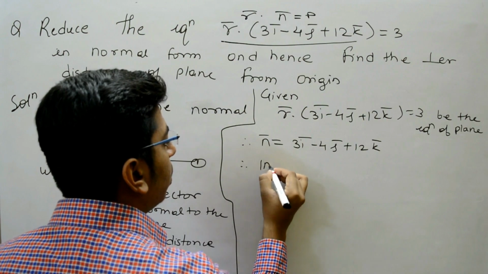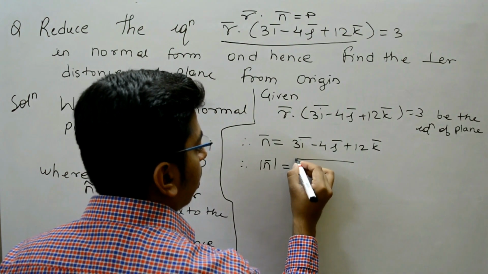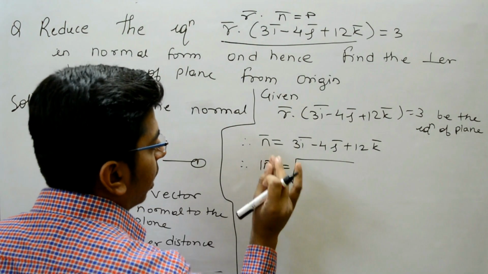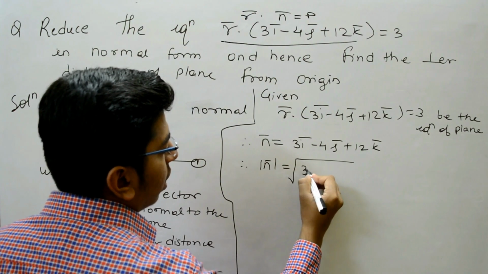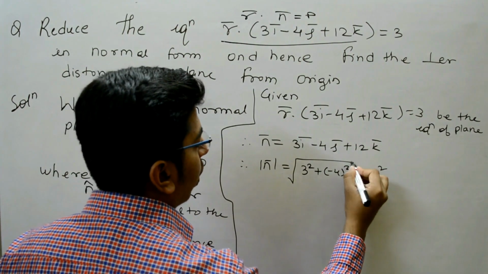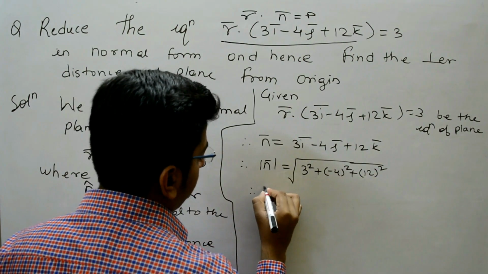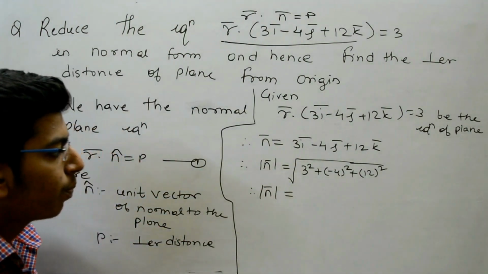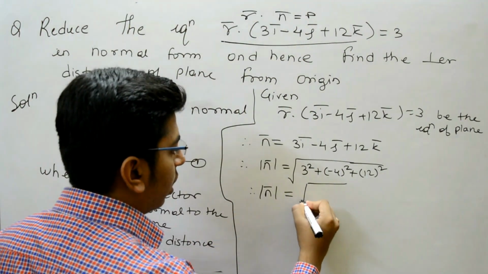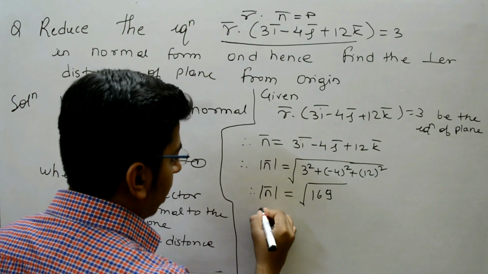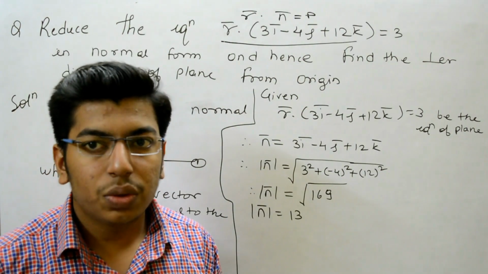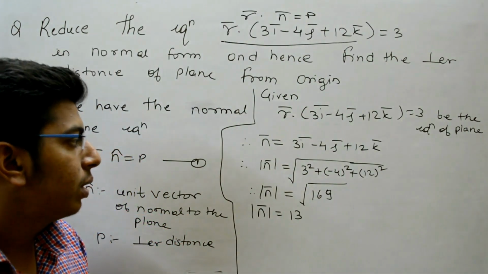Try to find out the unit vector, magnitude of that n cap, that is magnitude of n bar, that is 3 square plus minus 4 square plus 12 square. Therefore, magnitude of n bar is equal to under root 169, that is 13. So as usual, our last problem was similar.